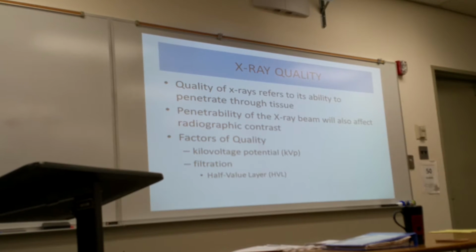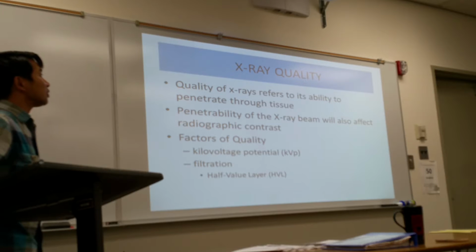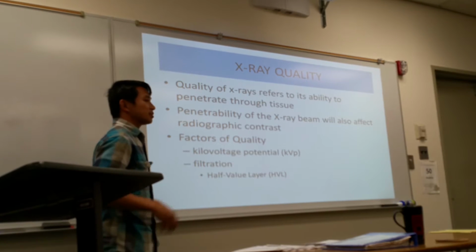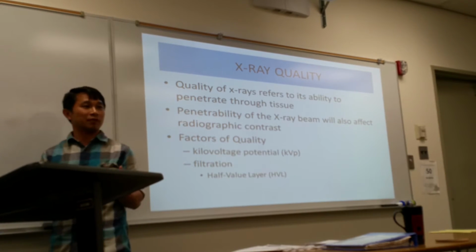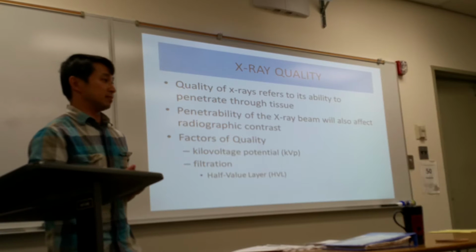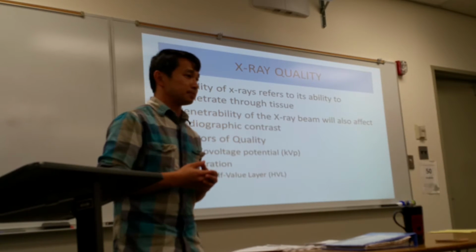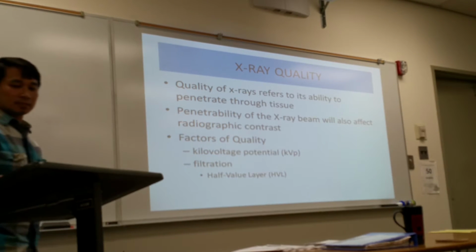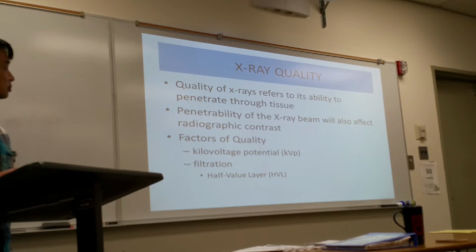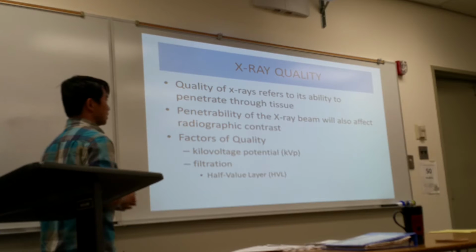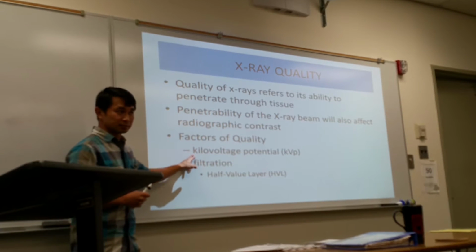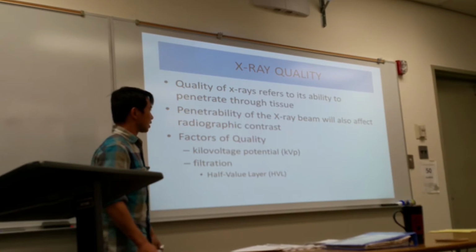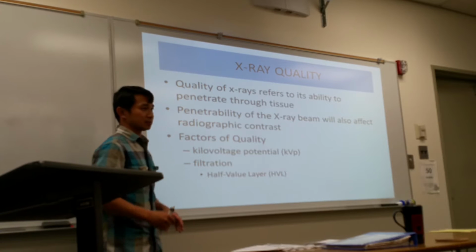Okay, X-ray quality. The quality of the X-ray beam pretty much means the penetration power, the strength of the beam. Factors that influence quality are kVp, kilovolt potential, and filtration.